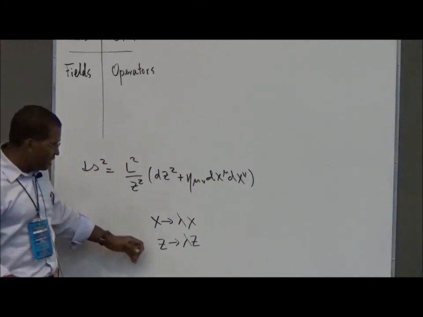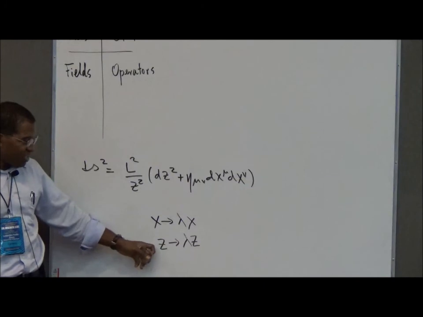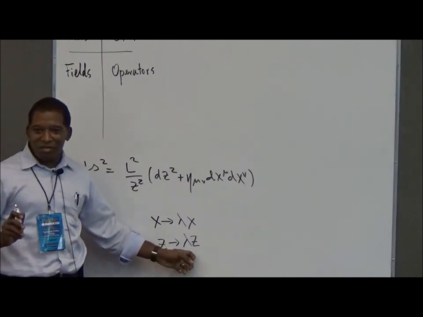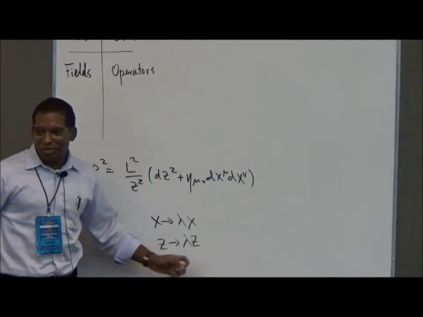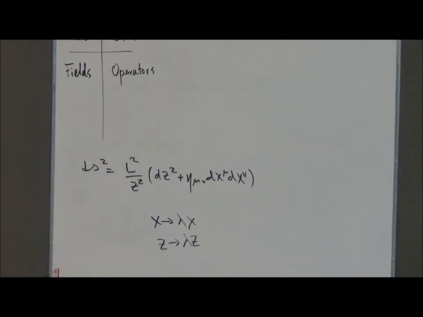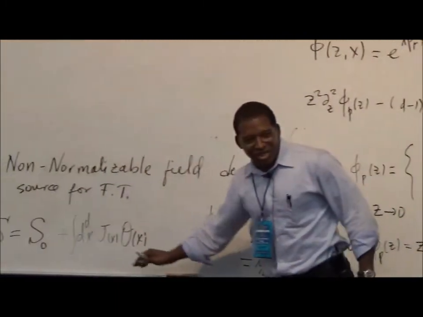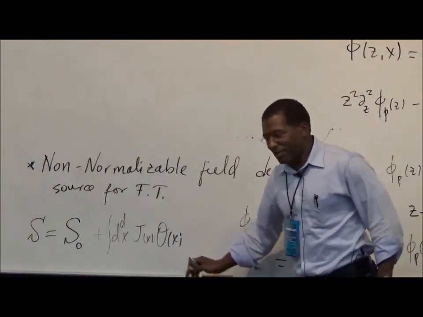But now that tells me that z acts as a mass scaling in the field theory, especially if they have the right dimension to pertain to something that I add to an operator.